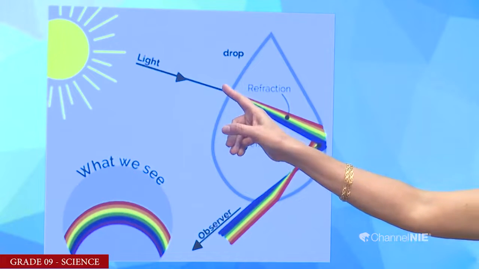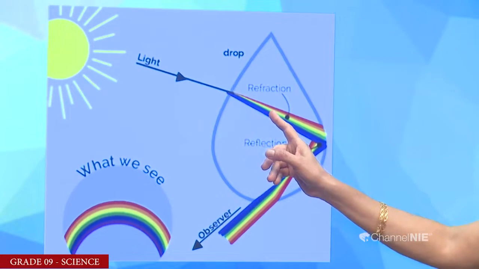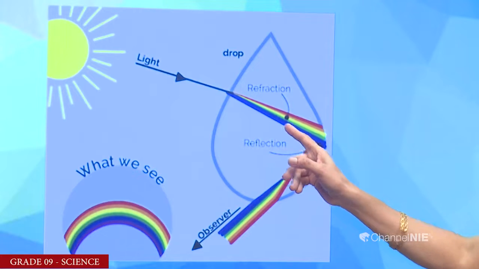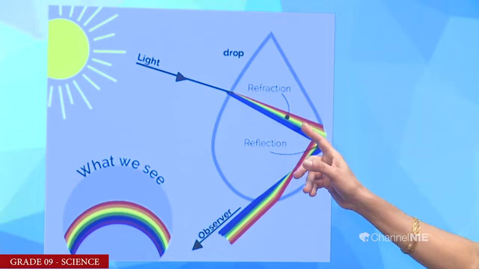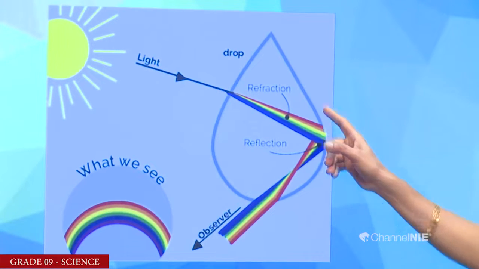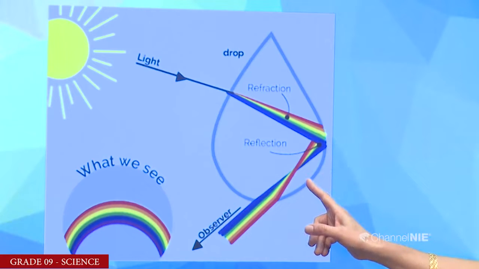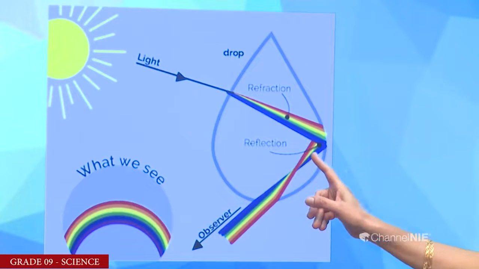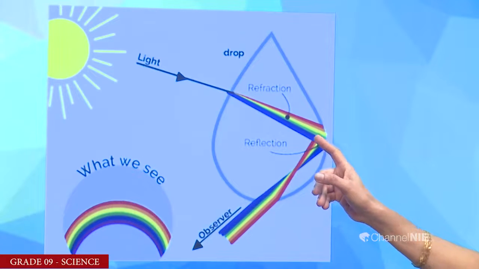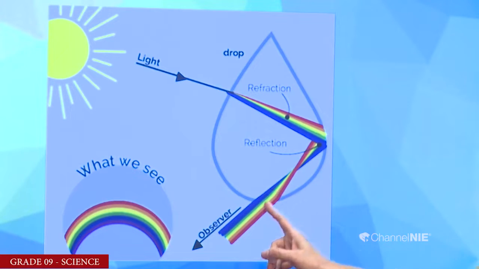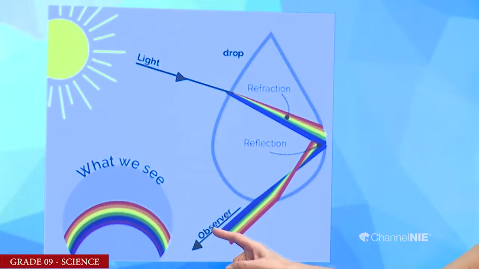Here the white light gets refracted. As I told you earlier, violet light is refracted more than red light. When it hits this surface of the water droplet, it gets reflected. We call it internal reflection, and the reflected light rays reach the eye of the observer.